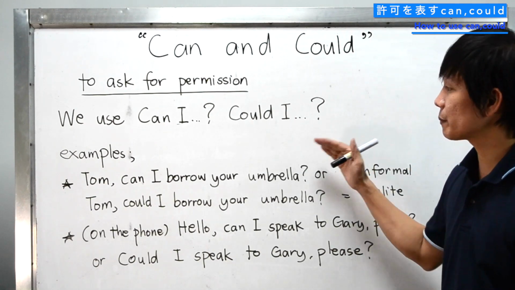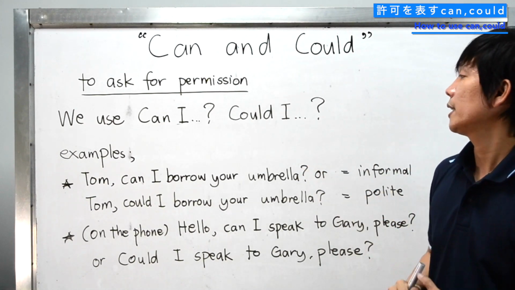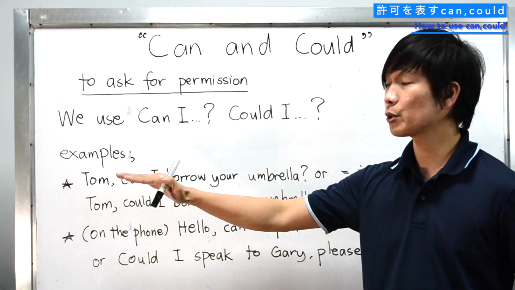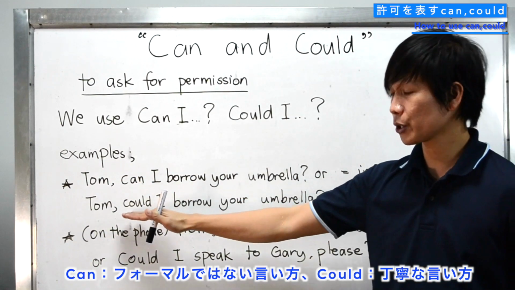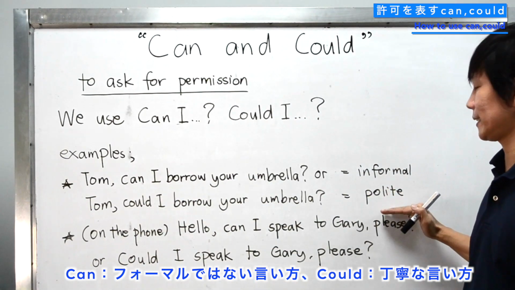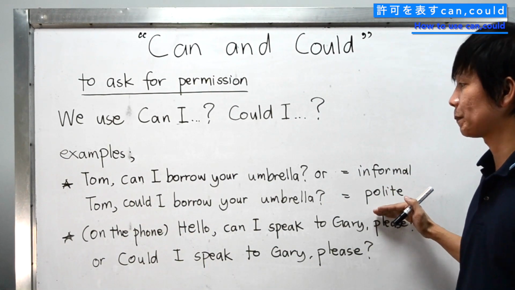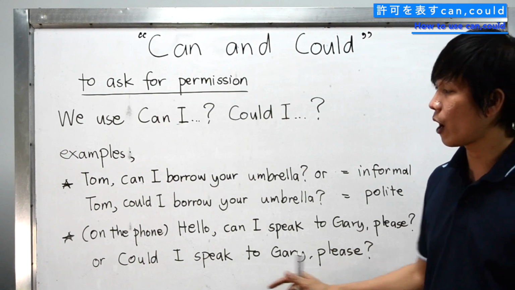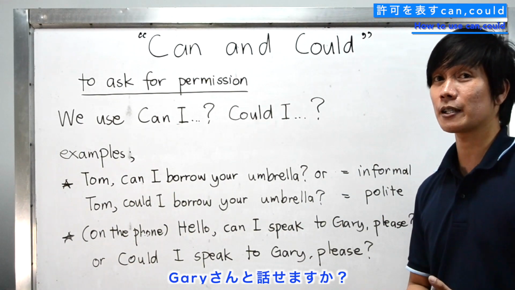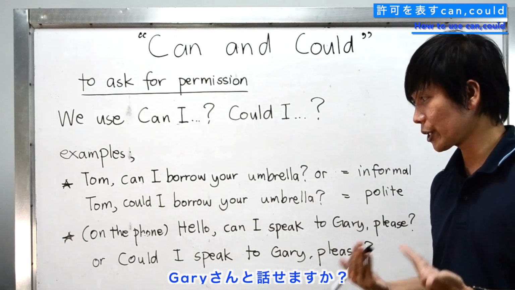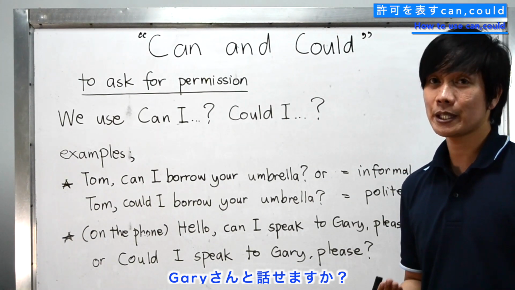The difference between these two, when we use can, that's informal. But when we use could, it's more polite. Another example, this is on the phone. Hello, can I speak to Gary, please? Or you can also say, could I speak to Gary, please?